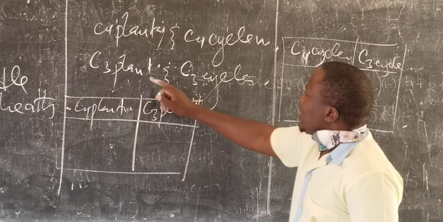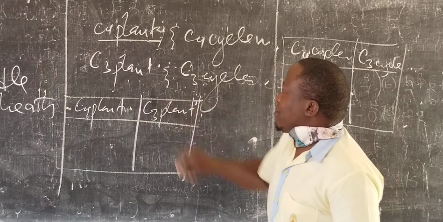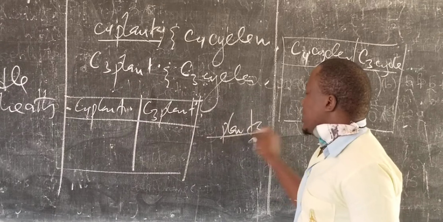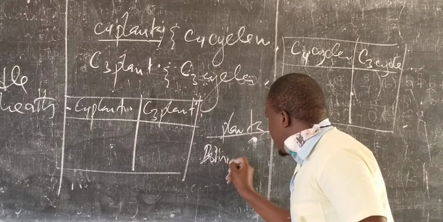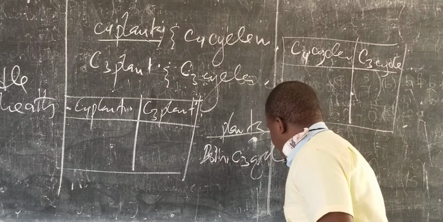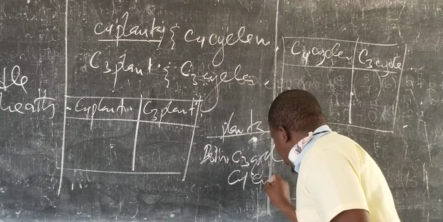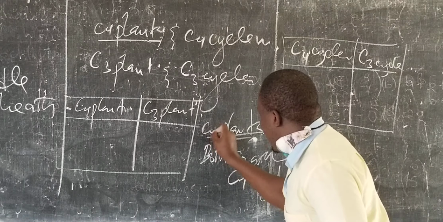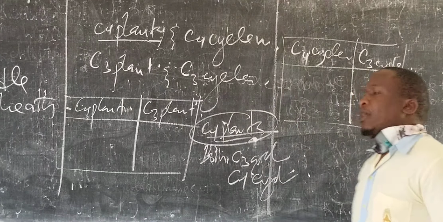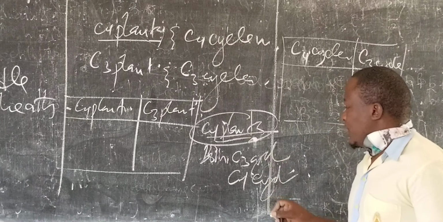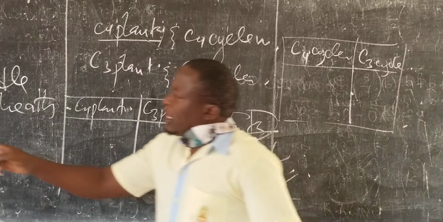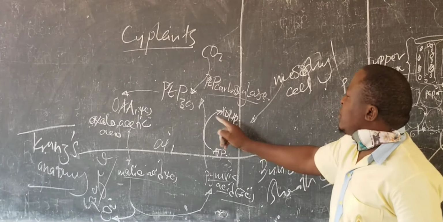However, I want to say, when we say C4 plants, we mean those plants that have both the C3 cycle in them and also the C4 cycle in them. Those are C4 plants.